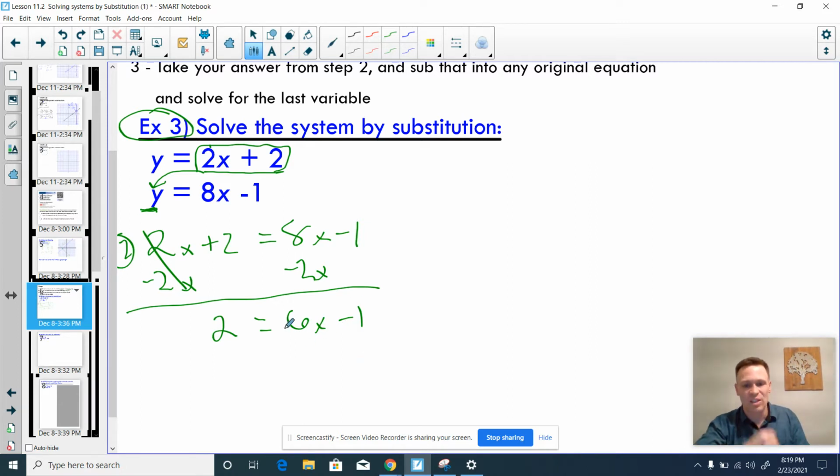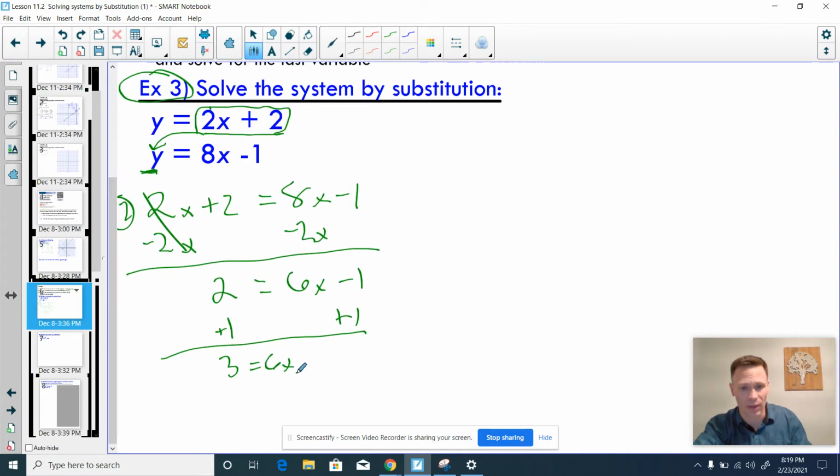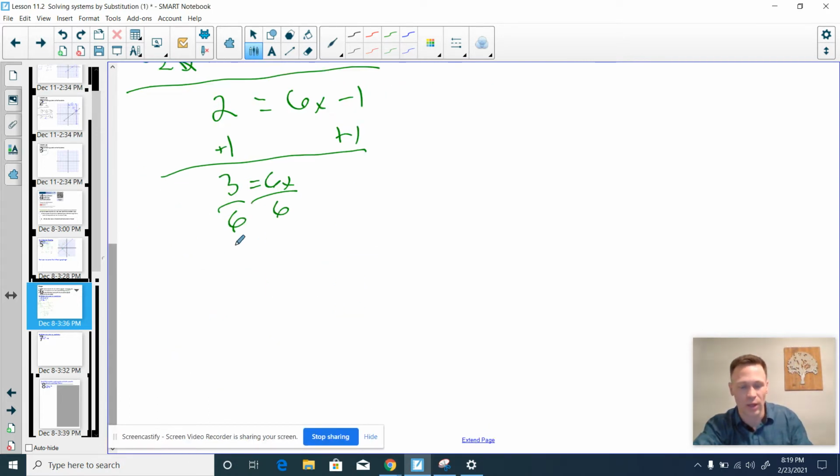Okay, so solving for x again, x is being multiplied by 6, and I'm subtracting 1, so I'm going to add 1 to both sides. So I get 3 is equal to 6x. And now my last step is to divide by 6. Now I don't get a very nice number here, but that's okay. I end up with x is equal to 0.5 or 1/2.